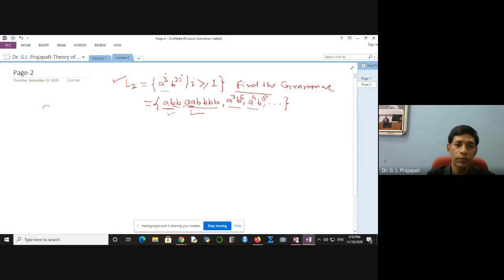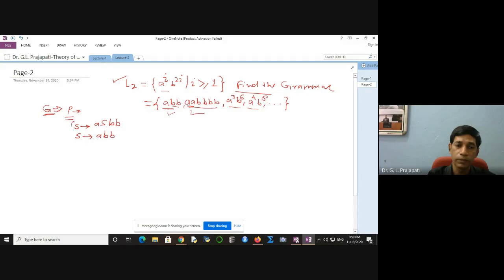So how can you construct the grammar for this language? Constructing the grammar means you need to define the production rules. What kind of production rules do you need? Whenever you write production rules, you must have the start symbol S. A simple way to write it is S derives a S b b, and S derives a b b.